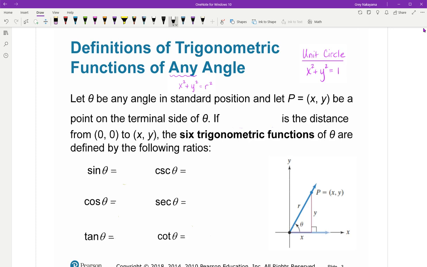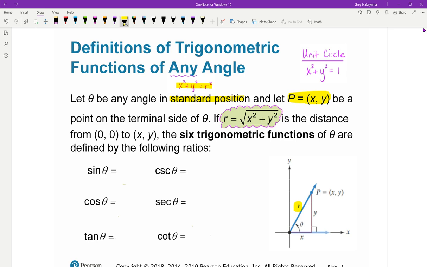What's important is that we have theta, any angle in standard position, and P is some point on that circle. That means if I take this equation and solve it for r, I get r equals the square root of x squared plus y squared. That's the distance. Here's a picture down here showing you, just like the Pythagorean theorem.